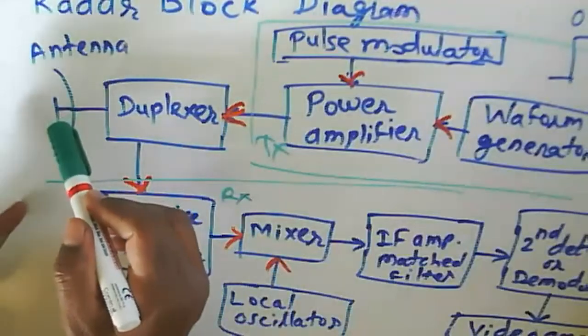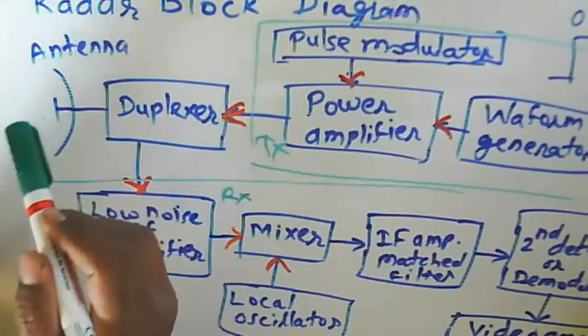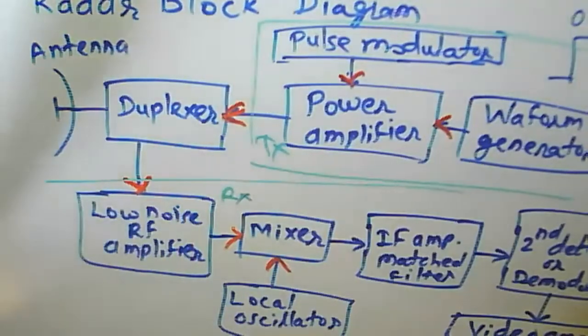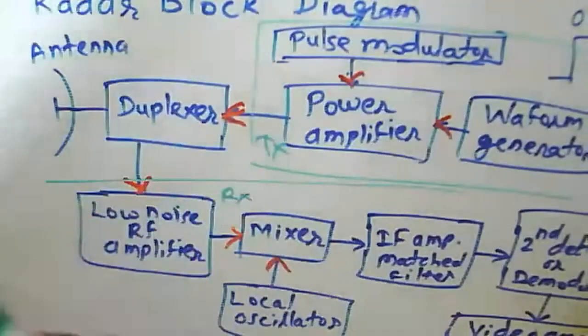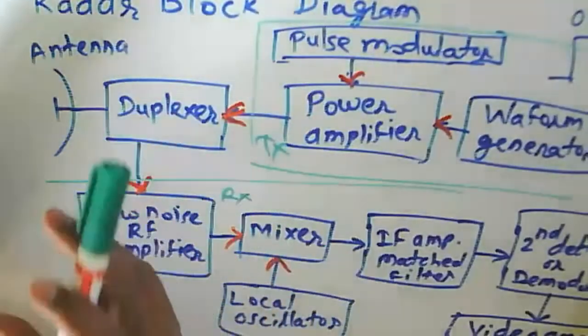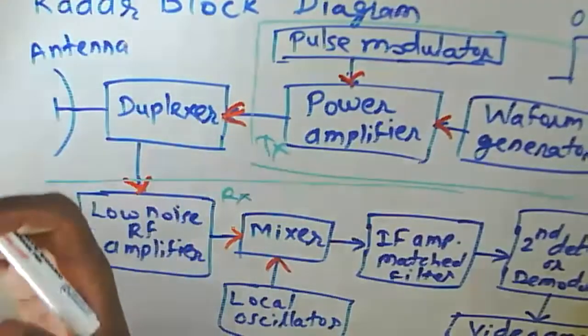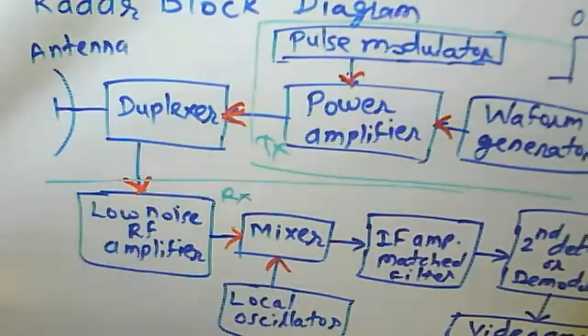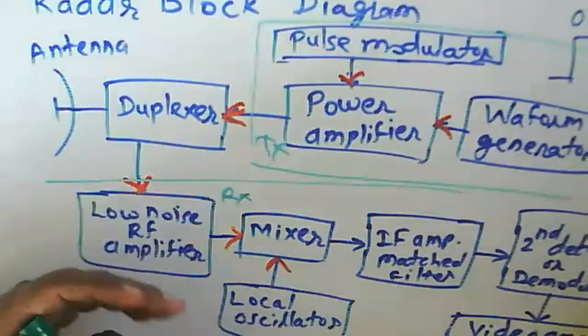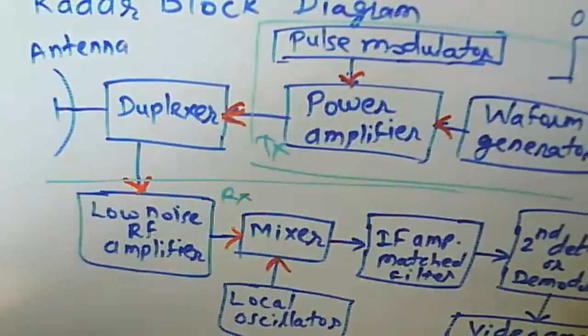So in that case, that antenna is to be rotating always through 360 degrees, because the antenna is scanning. When we are sending a pulse, that pulse is reflected back from the object, which means the echo signal will reach the receiver. That's why this antenna is to be a steerable one.